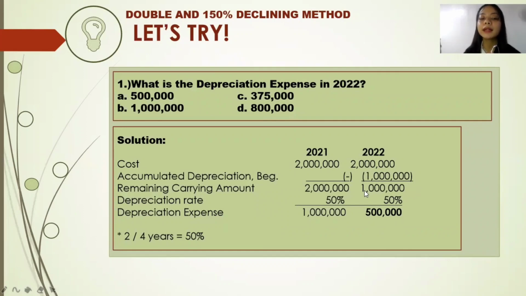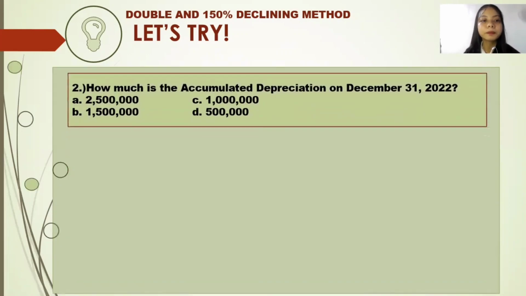Pag pinag-minus natin, ang remaining carrying amount natin is 1 million times 50% ulit. Hindi magbabago yung depreciation rate kung double declining, kahit ilang years yung useful life. Ang sagot natin is 500,000, letter A.